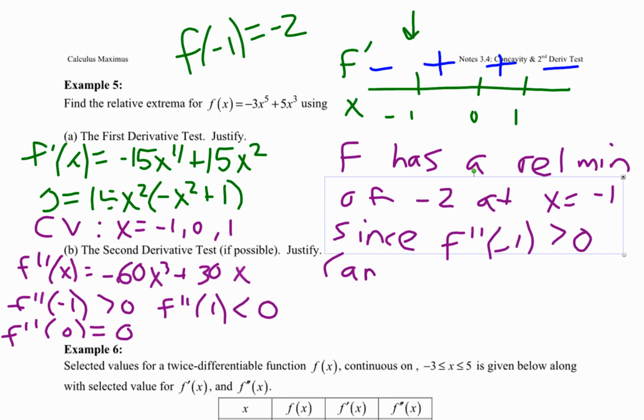And it was a critical value, f prime of negative 1 equals 0. Similarly, f has a relative maximum value of 2 at x equals 1, since f double prime of 1 was less than 0.